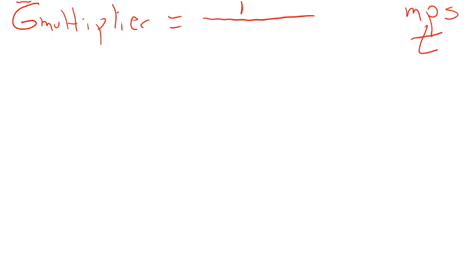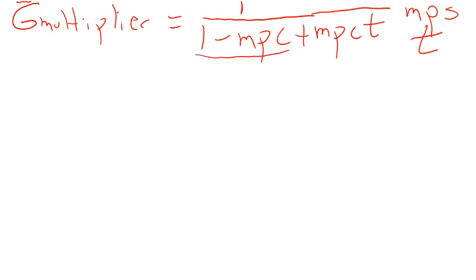In other words, MPS and T. And the denominator of this equation of the G multiplier is actually the denominator of the model equation: 1 minus MPC plus MPC times T. Again, what's 1 minus MPC? It's MPS. And this second term is MPC times T, the personal income tax rate.